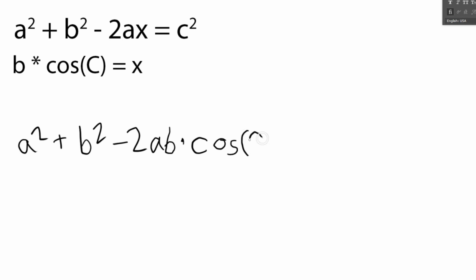We'll put it in parentheses so it's easier. Equals c squared. And there we have our final equation, the law of cosines.